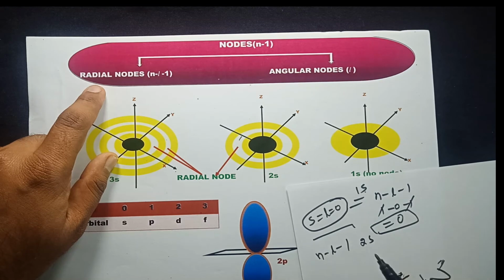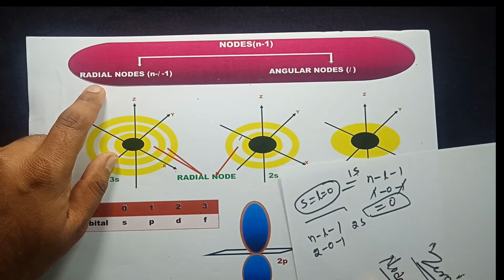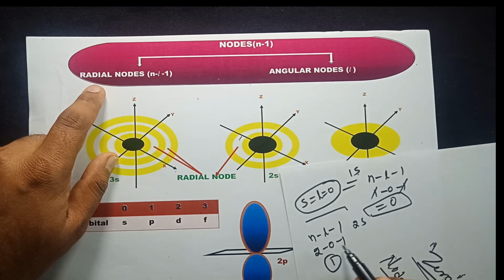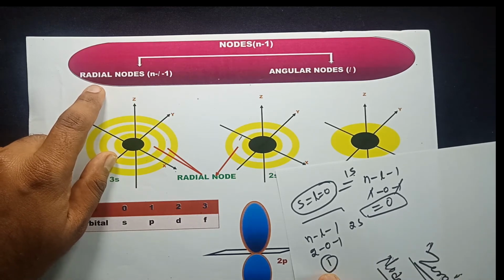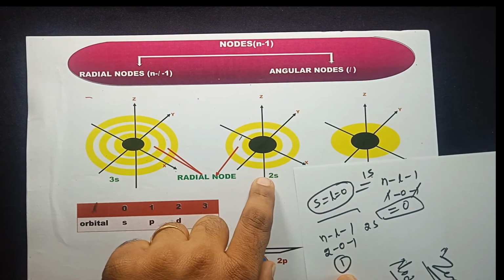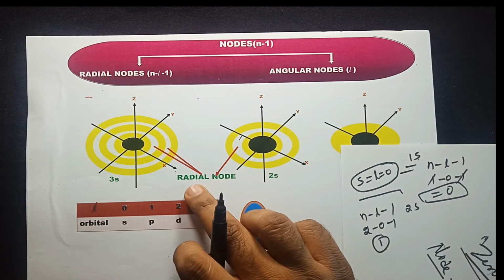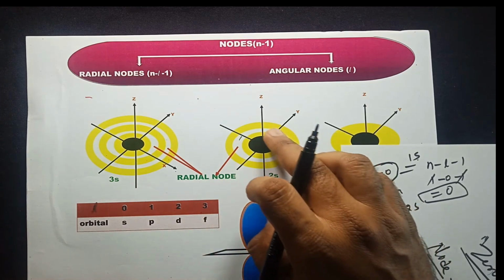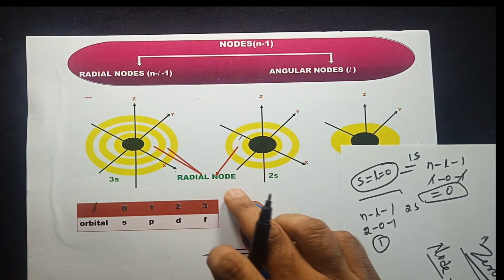For the 2s orbital, n is 2, L is 0. 2 minus 0 minus 1 is 1. So the 2s orbital has only one node, which is a radial node. This white portion I have given here is the radial node.